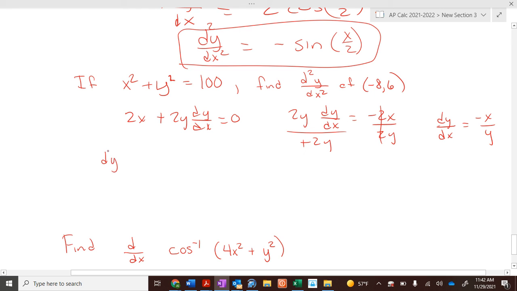d2y/dx squared. Second derivative equals y times -1, minus -x times dy/dx, because of the first derivative of y, all over y squared.